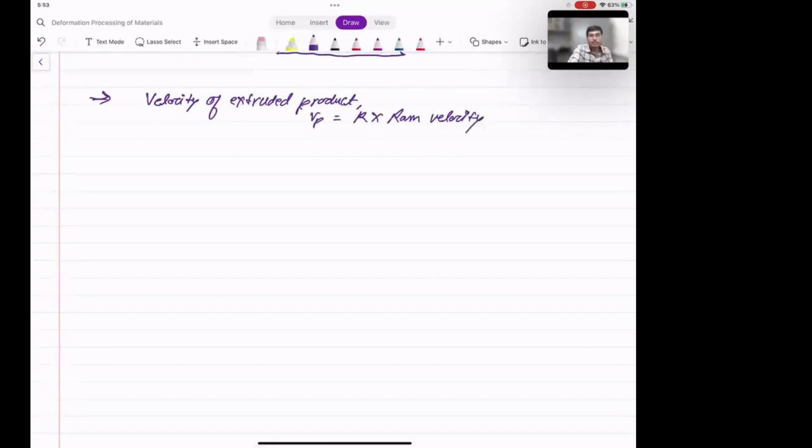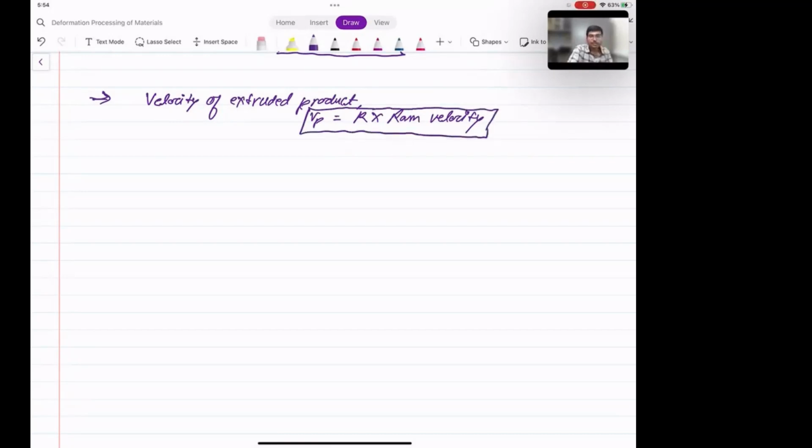This basically comes from the relation of the nature of the equation of continuity, or that kind of similar relation. So this is also a very important relation in extrusion process.